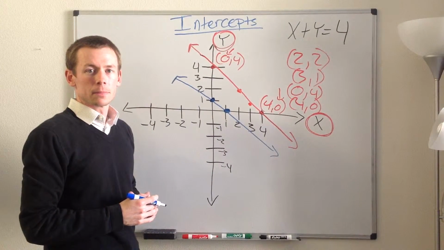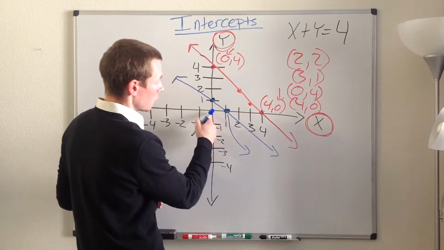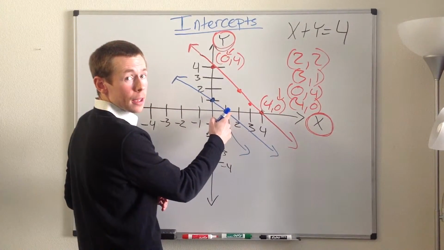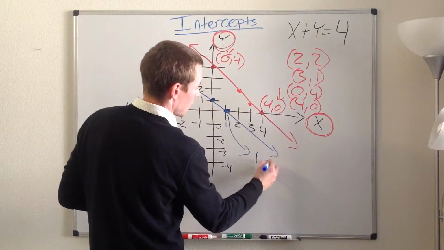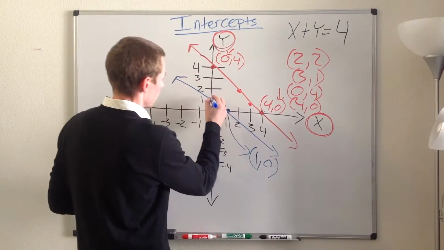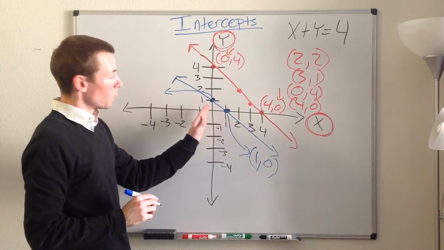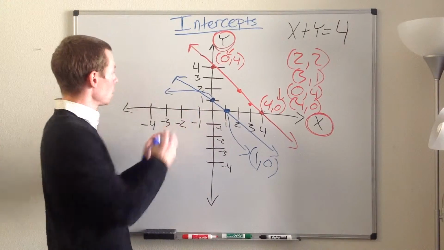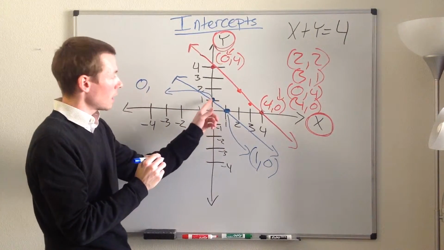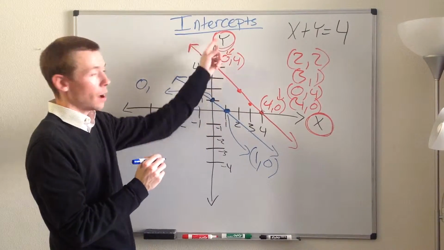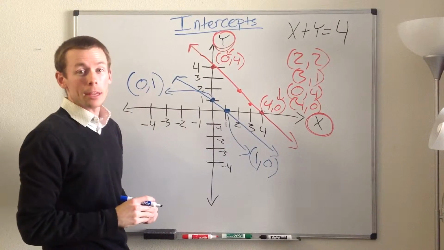Okay. Well, this point right here is over 1, and then we're not going up or down at all, so it's 0. So it's 1 comma 0. This point right here, we didn't go left or right at all, so the x is 0, and then we went up 1 on the y, so the y is 1.